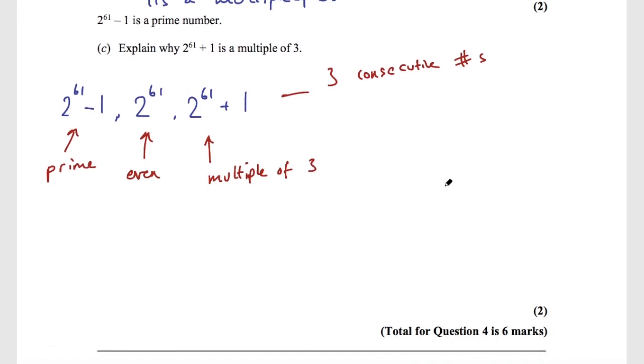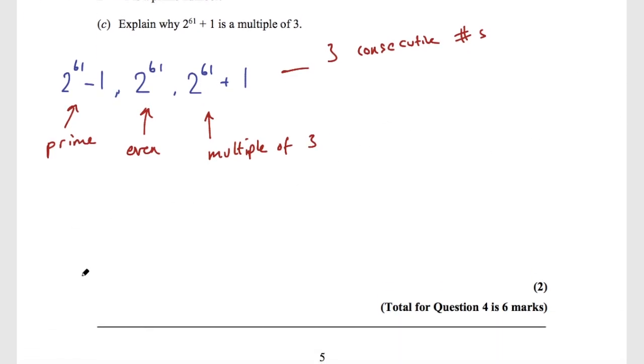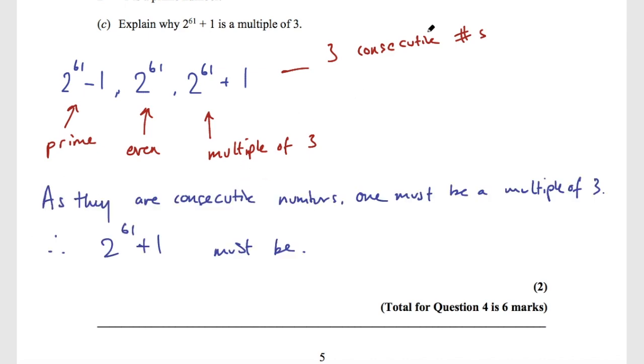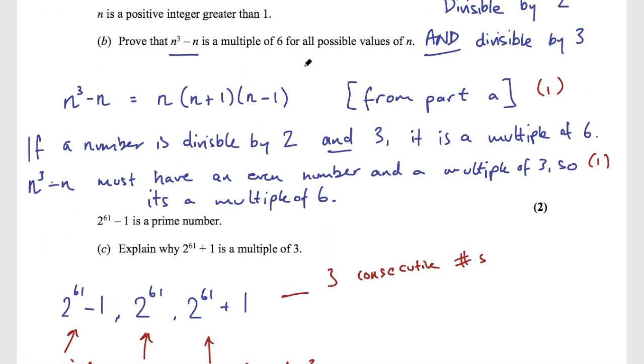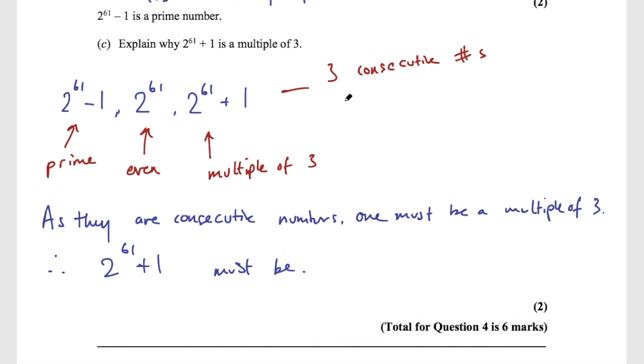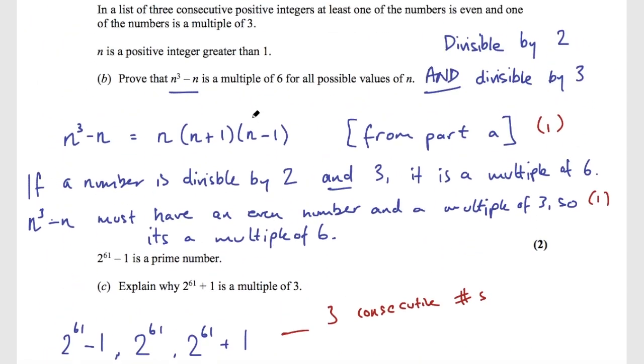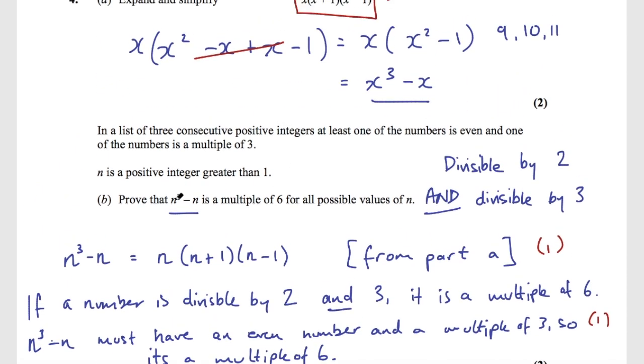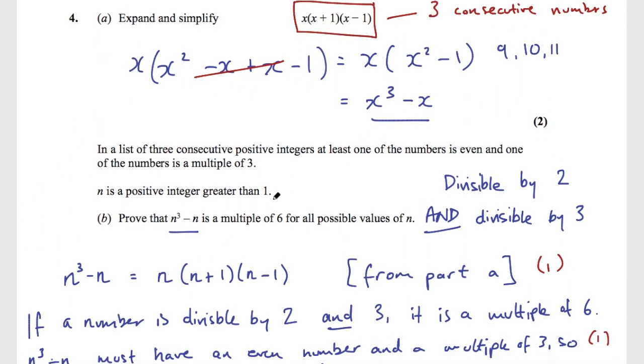Alright, so it might be worthwhile to state that in a sentence as well. Okay, so a fair bit of explaining and writing in that question, but an interesting question to consider in terms of you've got prime numbers in there, you've got cubics, and you've got consecutive numbers.